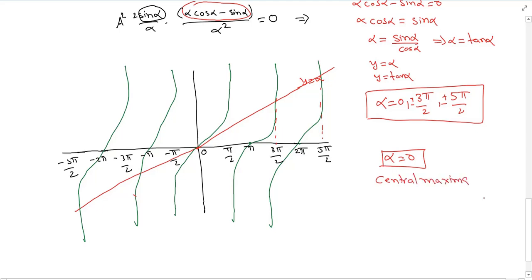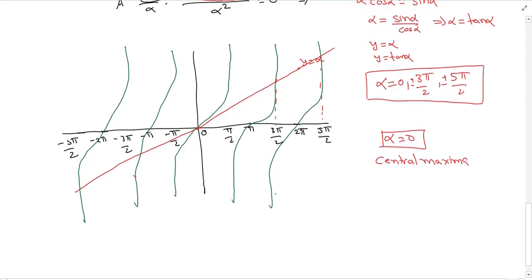So we are looking for secondary maxima, and we will get secondary maxima only when alpha is equal to plus or minus 3 pi by 2 and alpha is equal to plus or minus 5 pi by 2.